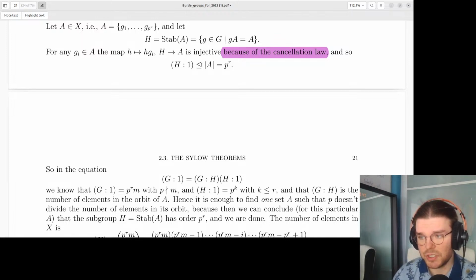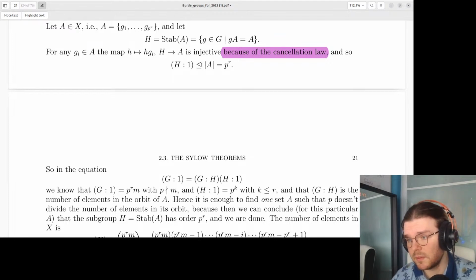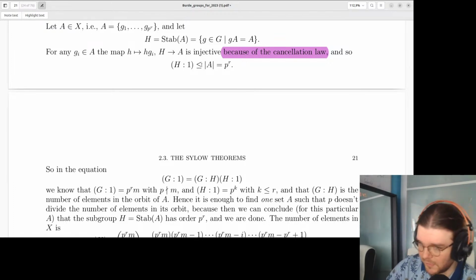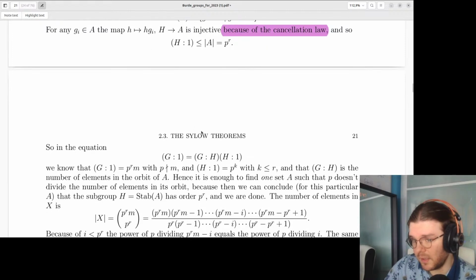And that |G:H| is the number of elements in the orbit of A. Hence, it is enough to find one set A such that p doesn't divide the number of elements in its orbit, because then we can conclude for this particular A that the subgroup H, the stabilizer of A, has order p to the r, and we are done.